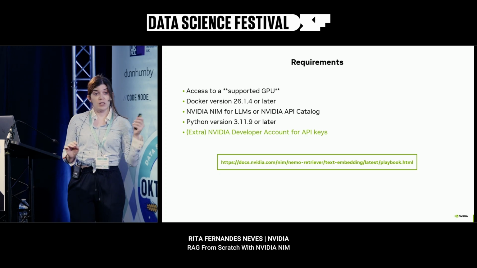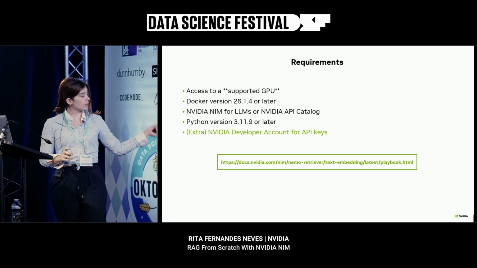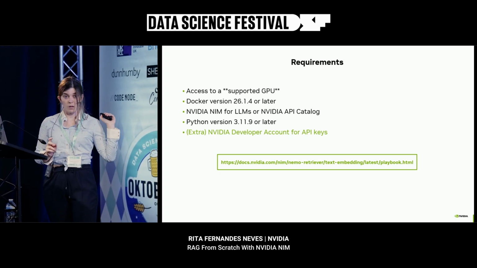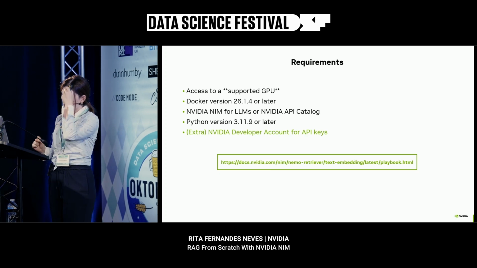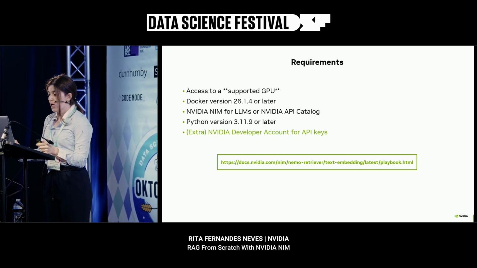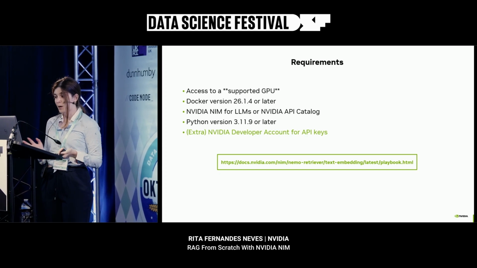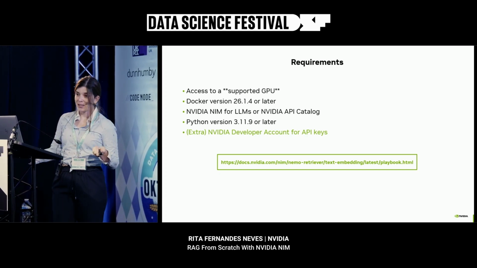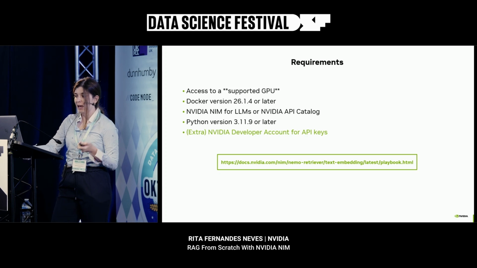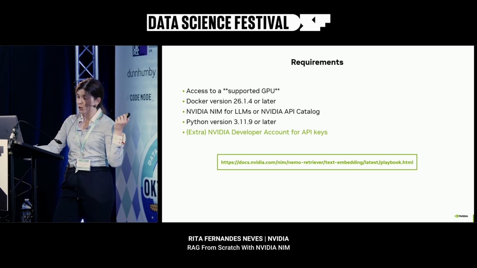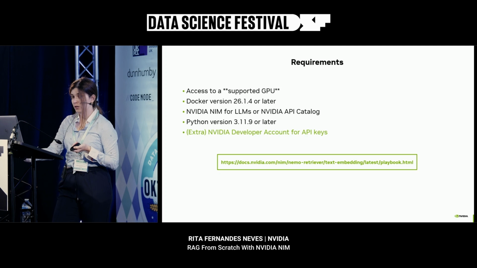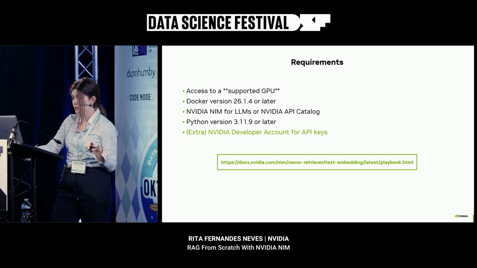The requirements for this, and this is where I'm sharing the link to the demo, essentially the coding demo. There are some requirements, of course, because nothing happens without a computer and generally without a powerful computer. But the first thing you need is access to a supported GPU if you're deploying models locally.